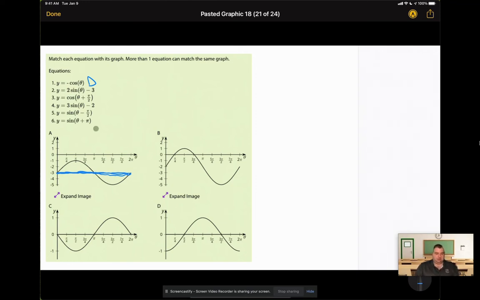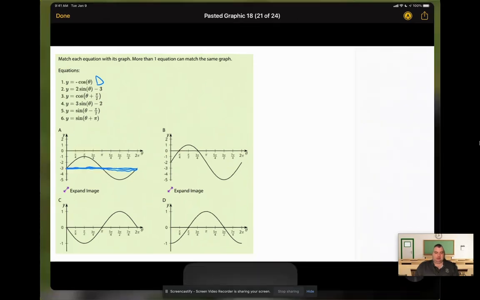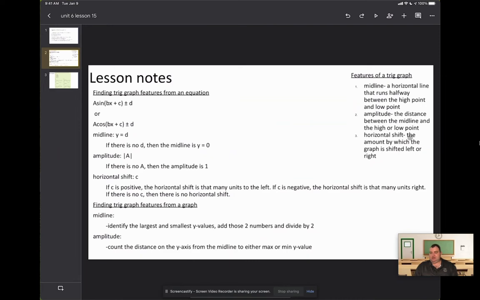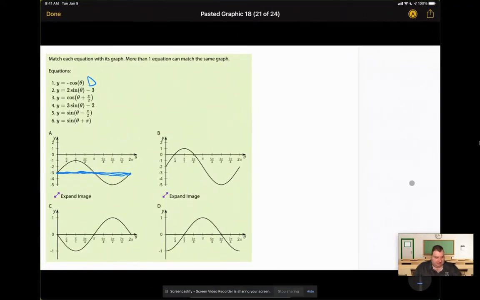It does. The 2 in this case, remember, is the amplitude. The amplitude, if we go back to our lesson notes, is the distance between the midline and the high or low point. So if I count the distance, it should have a distance of 2. Well, here's -3, -2, -1.